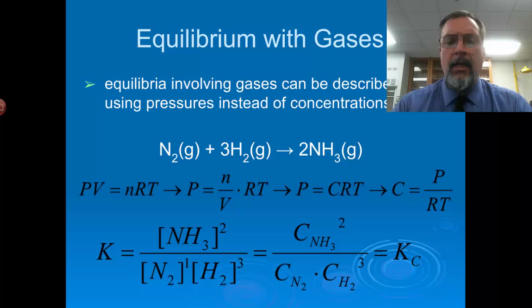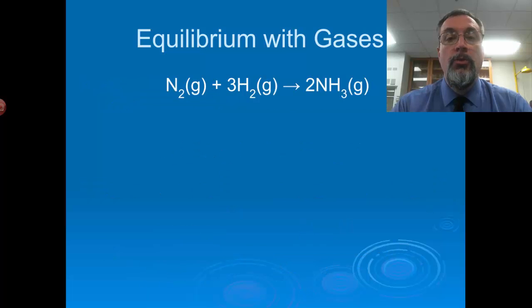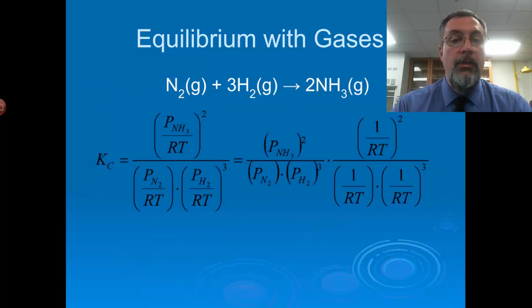Well, what if I now replace all of those C's with P over RT, where P is the partial pressure of each gas? It looks unwieldy, but let's make it a little more simple. So in Kc, we replace our concentrations with P over RT. So we have the partial pressure of NH3 over RT squared over partial pressure of N2 over RT times partial pressure of H2 over RT, all to the third power.